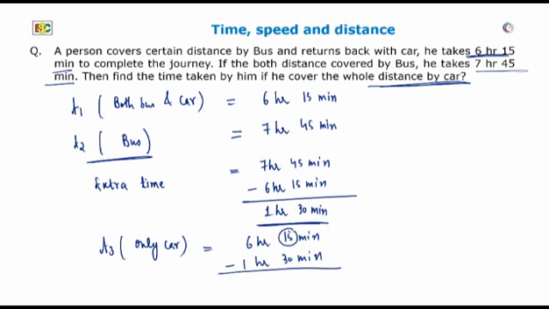We cannot subtract 30 minutes from 15 minutes, so we will take 60 minutes from the hours, and that would be 5 hours, and here it will be 75 minutes, 60 plus 15. Now 75 minus 30 is 45 minutes, and 5 minus 1 is 4 hours. It means if a person is going only with car, he will take 4 hours 45 minutes to cover the distance. That is our answer.